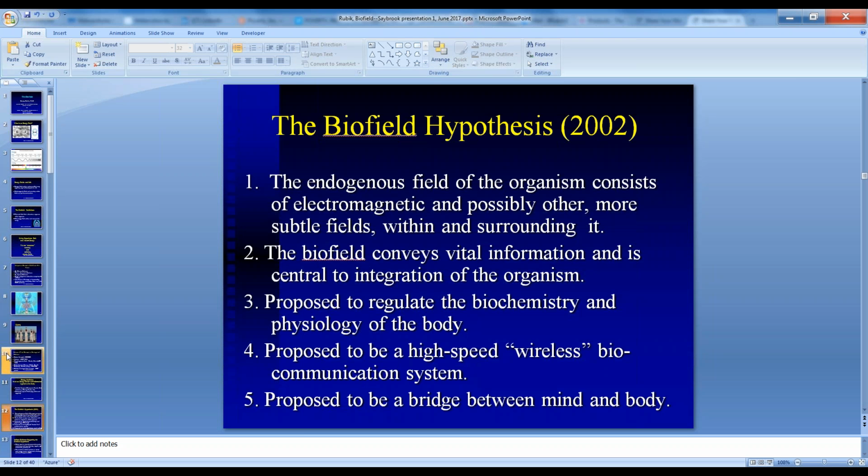And the biofield, now that Wi-Fi and wireless is so well understood because we all have devices, the biofield was nature's original wireless. It's a wireless biocommunication system within us, communicating between all the cells in the body and between us, because we do sense the energy of others.